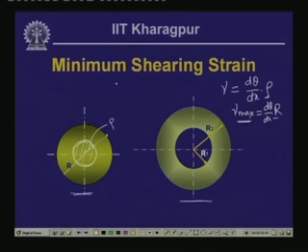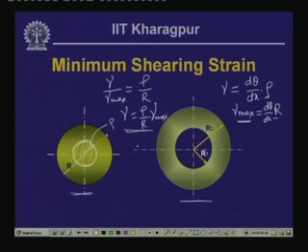So, we can write that gamma by gamma max is equal to rho by r, or gamma is equal to rho by r times gamma max. From this expression you can see that when rho is equal to r, the outer one, r by r is 1, so gamma is gamma max, and when rho is equal to 0, then gamma is 0.